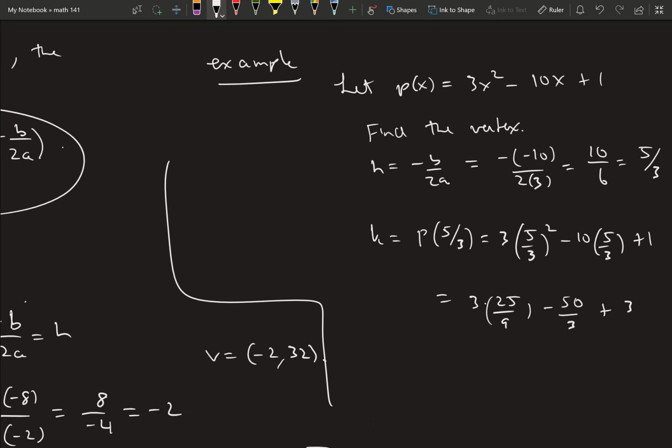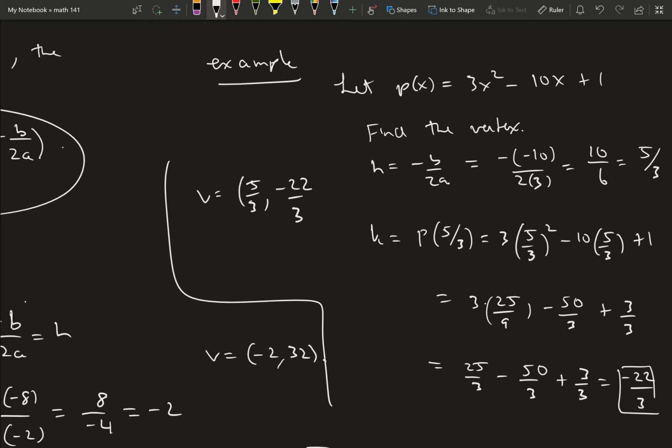I'm going to write 1 as 3 over 3. So this is 25/3 minus 50/3 plus 3 over 3, which is negative 22 divided by 3. So our vertex is (5/3, negative 22/3).